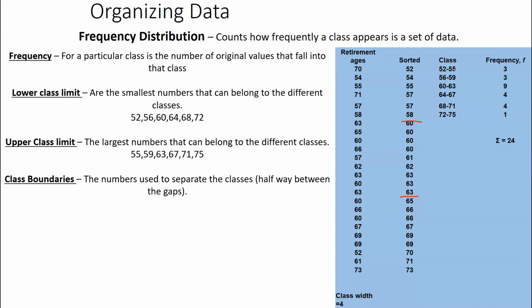Well, that's on the 55 side, since 6 months would be halfway. So 55 and 2 months would go into this class. But 55 and 10 months, well, then we would round up to this one. So the class boundary is the number we use to separate the classes. It's halfway in between. In this case, it'd be 55.5, where the 0.5 represents 6 months.